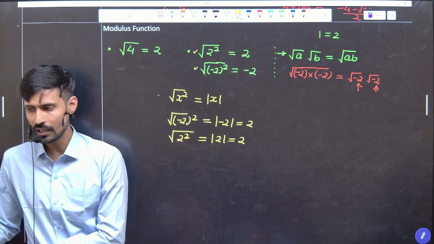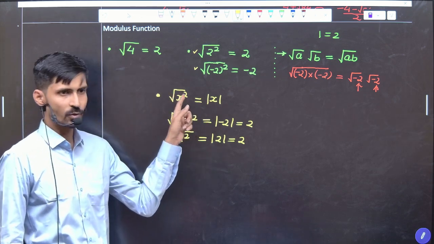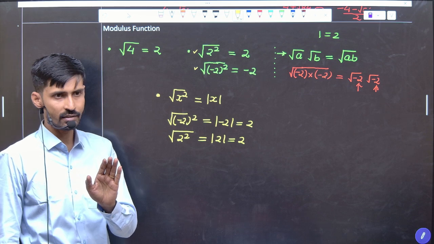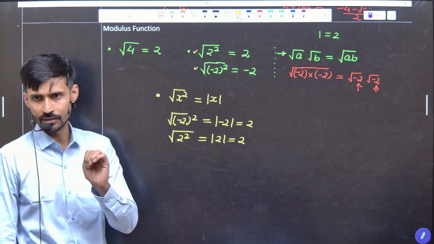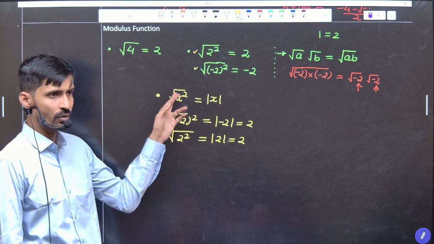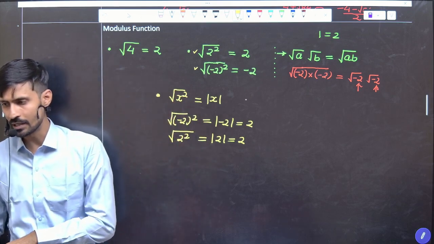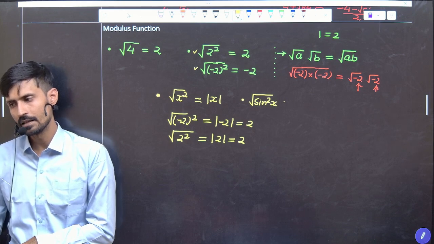Okay. So now you are learning one very important note. JEE always checks whether a student knows this or not. The square root of x squared is not x. That was the story till class 10th when you did not know modulus. But after learning the modulus, if something squared is present inside a square root, you can remove the square root, but you have to add the modulus sign also. It means if I ask you what is the square root of sin squared x, that will be mod sin x.